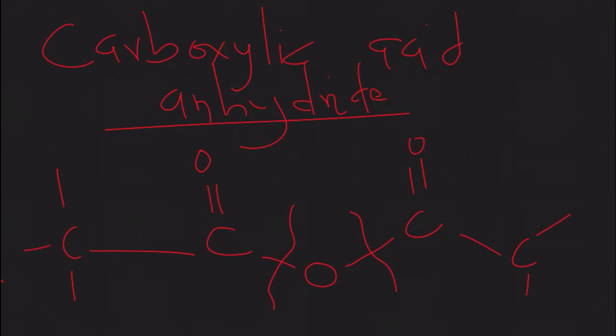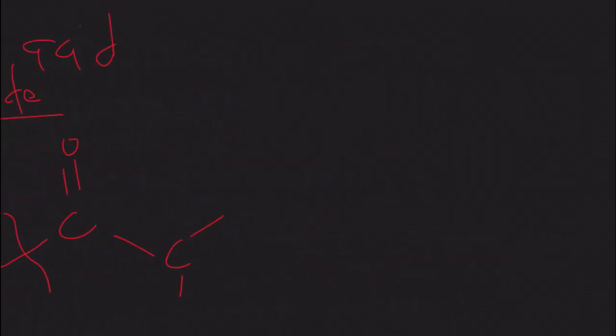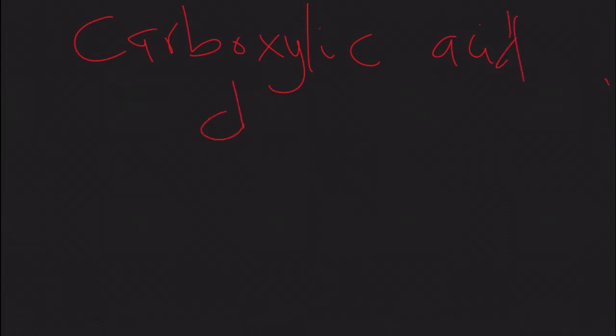And lastly, we are going to be dealing with what? A carboxylic acid chloride. I'm sure you are guessing how it looks by now. So we all know the formula or the symbol for a chloride, which is Cl.